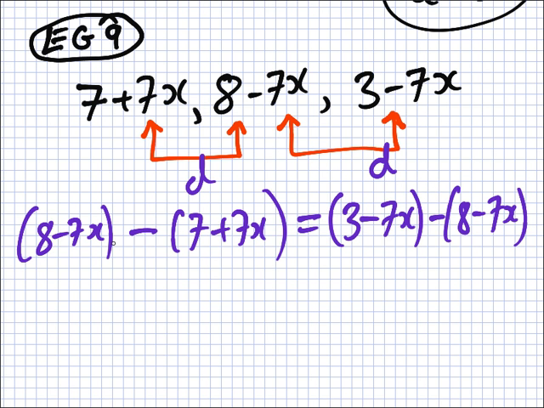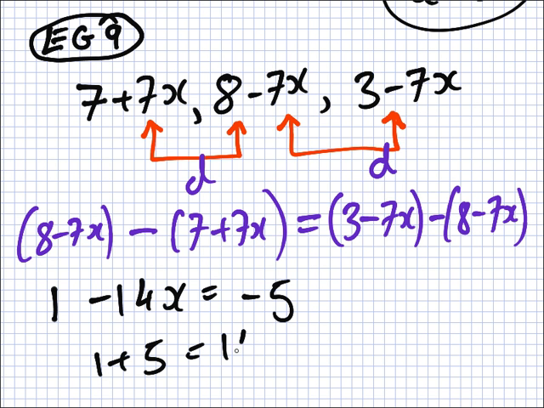Right. 8 minus 7, 1. Minus 7x minus 7x, minus 14x. 3 minus 8, minus 5. Minus 7x plus 7x is 0. Nice. 1 plus 5 equals 14x. So, x is 6 over 14, which is 3 over 7. Then. Yeah?